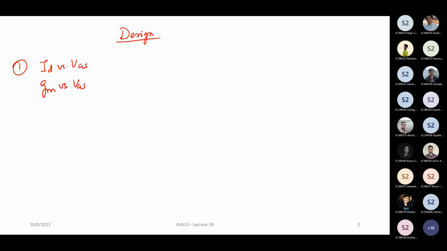Now, what I want you to do is save it as a CSV file or an Excel file, so that you have something which looks like this: you have VGS, and you have ID and you have gm. Now, prepare this for some arbitrary value, maybe W equal to 1 micron and L equal to 0.18 micron, something like that. And save this on your computer, so that you can use it as a reference.